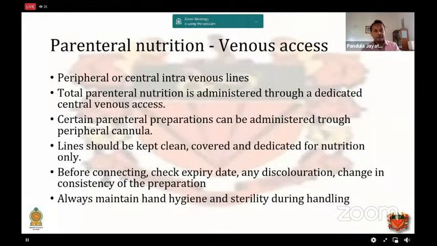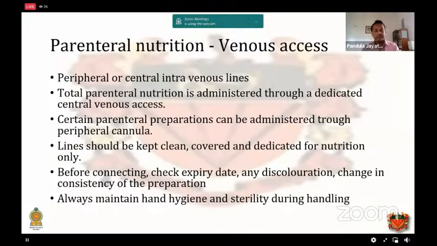When you move to parenteral nutrition, the important thing is you should have a venous access. Earlier, we didn't have preparations which can be given peripherally, so we always had to go for central venous access. Nowadays we have a preparation which can be given via a peripheral cannula.